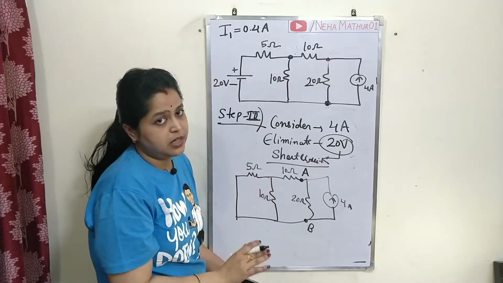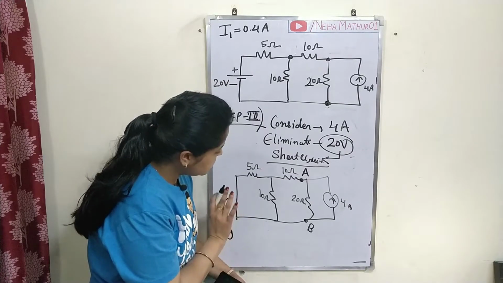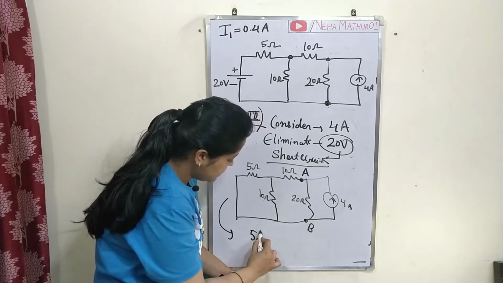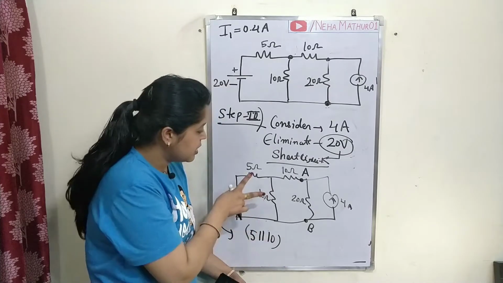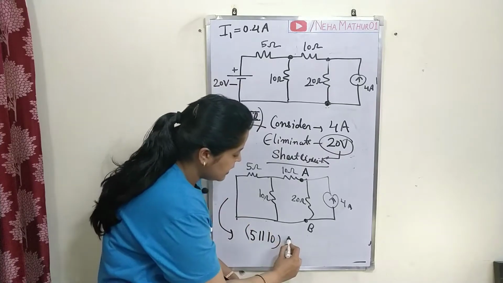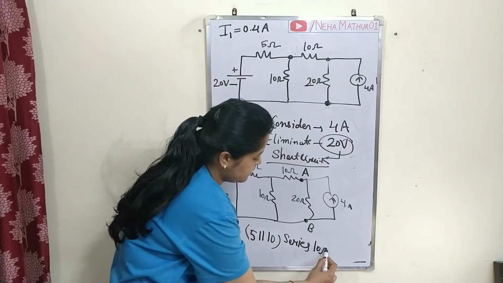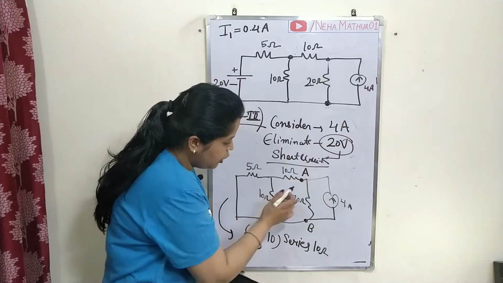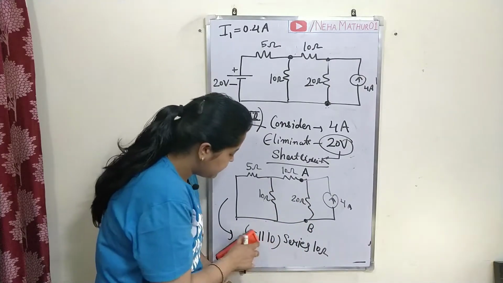If it is possible to solve these resistances and make an equivalent resistance combination, then it will be easier to solve that circuit. So I can observe that this 5 and this 10 ohm resistance are in parallel, and the combination I am getting after their parallel connection is in series with this 10 ohm resistance. So what will be the solution for the left part of these 2 points?